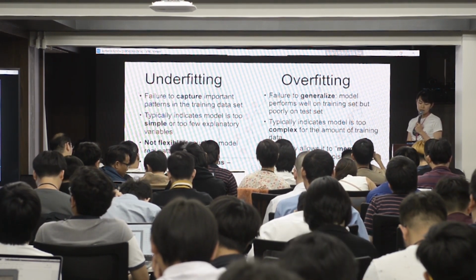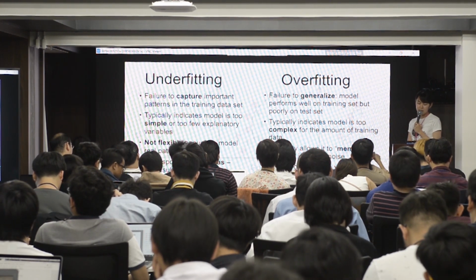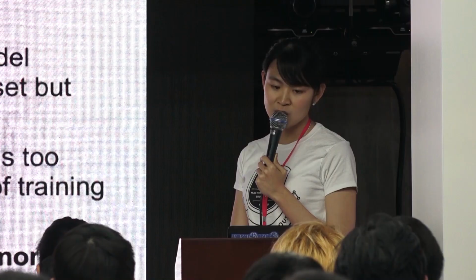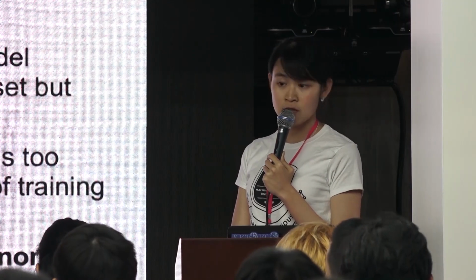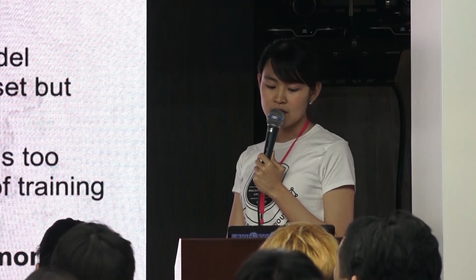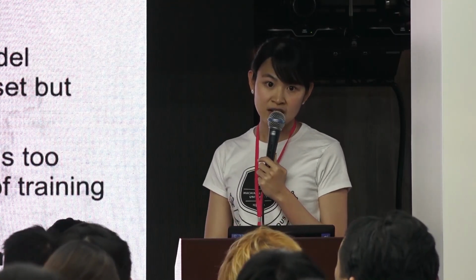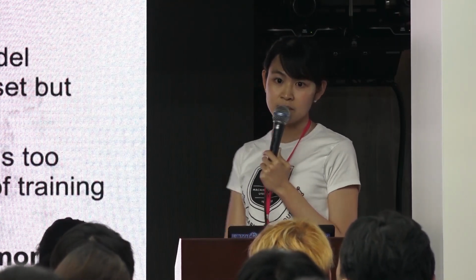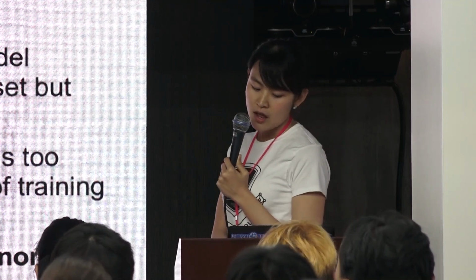Secondly, if you're overfitting, maybe you have too many parameters or too high orders, which means your model is too complex. Sometimes it just means the model memorizes the data. It doesn't really learn generalization rules.